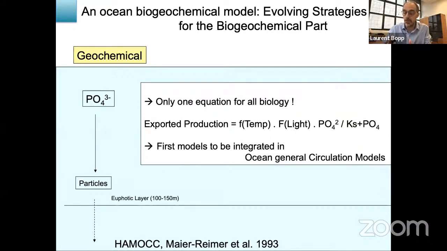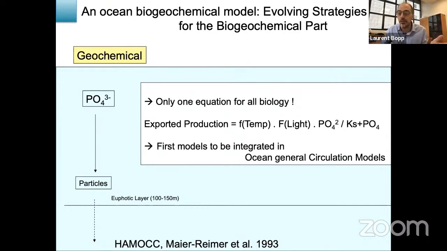But the fact that climate models do include marine biogeochemical components basically opened the door for analyzing how climate change may impact marine ecosystems, marine phytoplankton productivity, to look at acidification, at the loss of oxygen in the ocean.